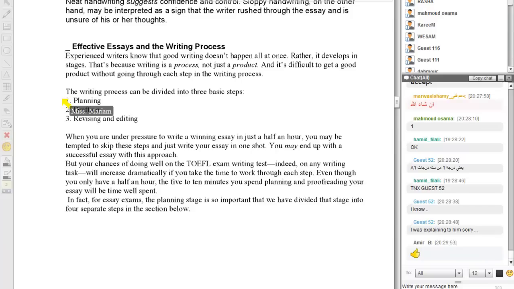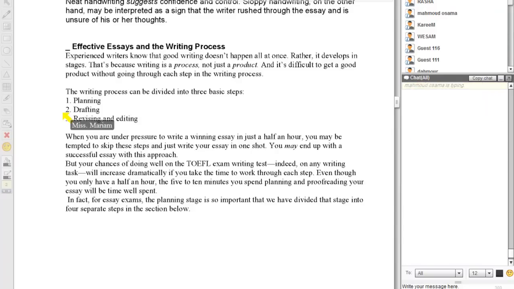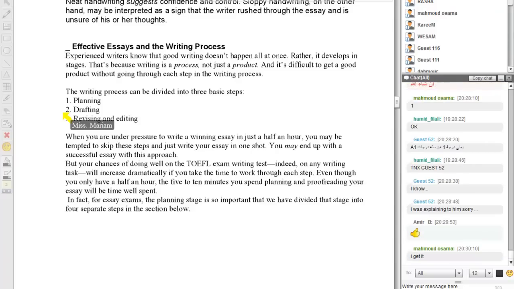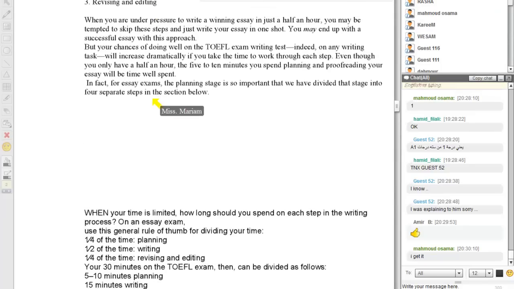First, we make an outline, then we support ideas, in order to make our ideas clear and to make a smooth stream of thought, with a relation between ideas and each other. The last step is to revise what you wrote and to edit it. Okay?